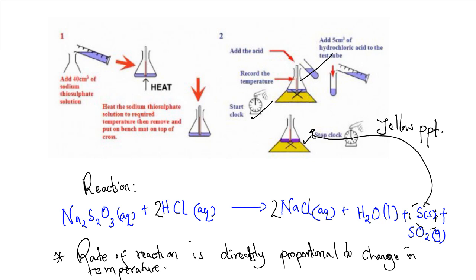Now, when we look at the relationship between 1 over T and rate of reaction, it is clear that rate of reaction is as well proportional to 1 over T.